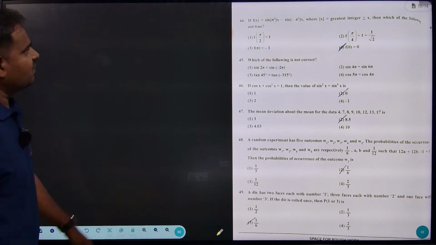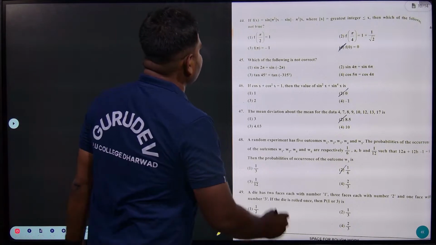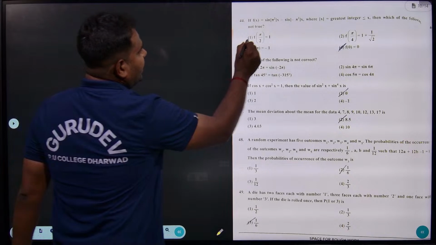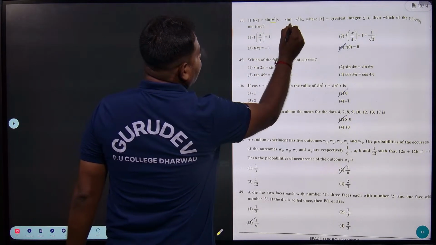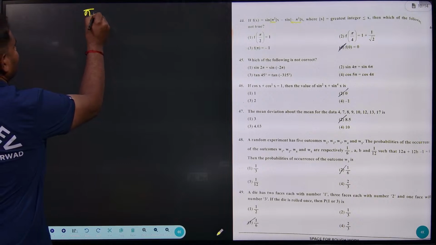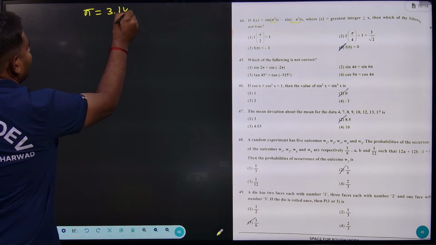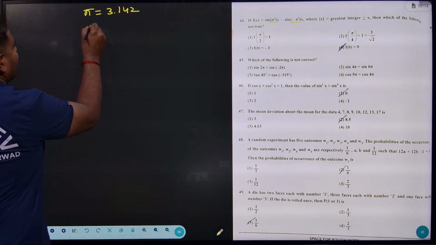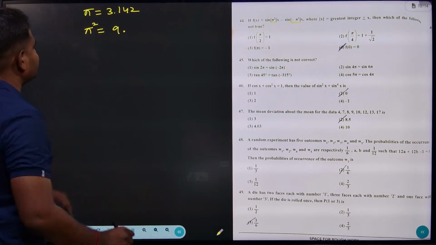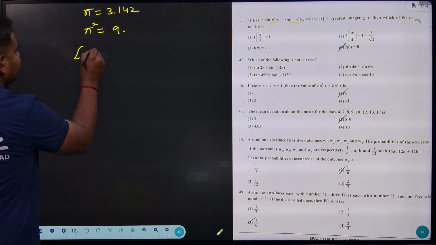So question number 44. Just observe the question, students. Here the greatest integer of pi square, and the greatest integer of minus pi square is there. We know that the value of pi is 3.142, and the value of pi square is 9 point something, students.